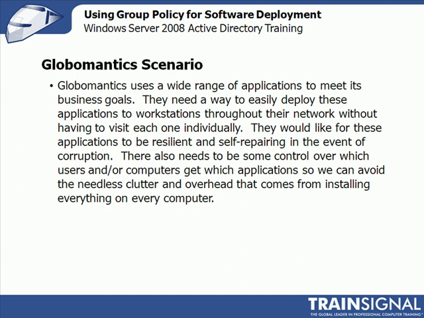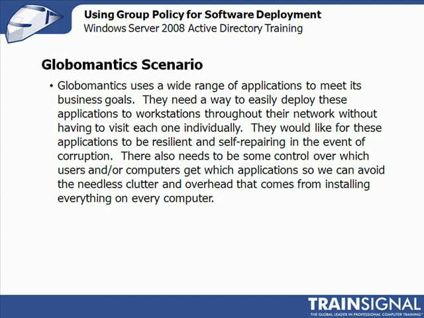You will see that when deploying with group policy, we have to use what's called Windows Installer package files. And one of the benefits of using those Windows Installer package files is that you have resilient, self-repairing applications. There also needs to be some control over which users and or computers get which applications so we can avoid the needless clutter and overhead that comes from installing everything on every computer.